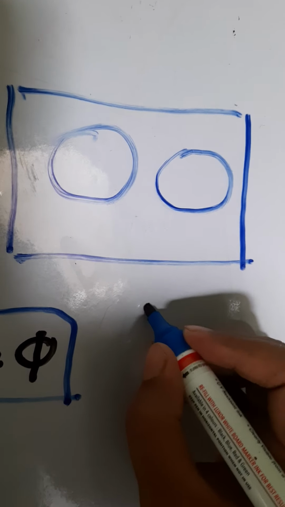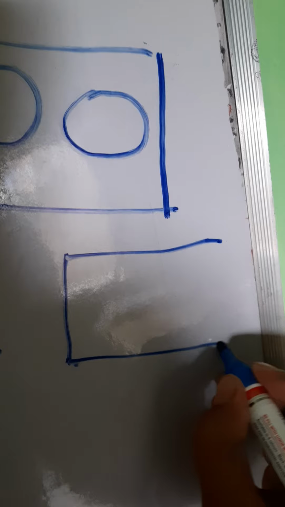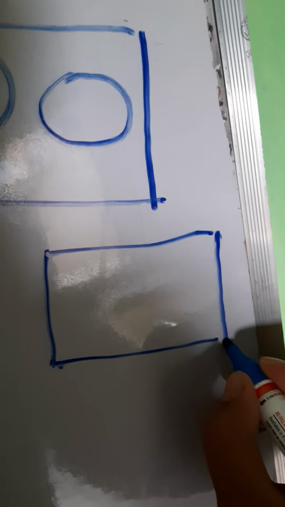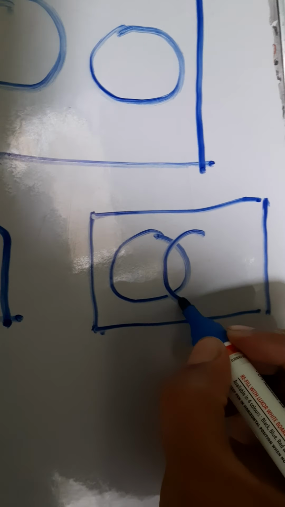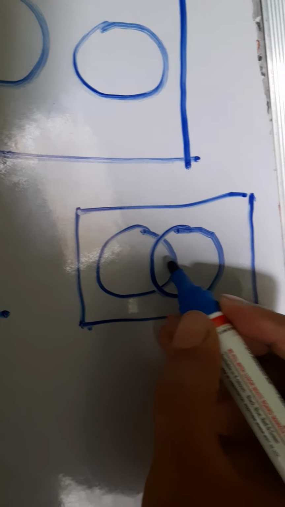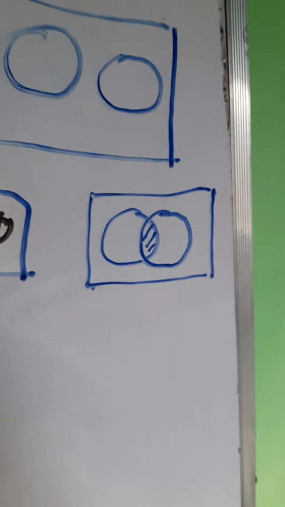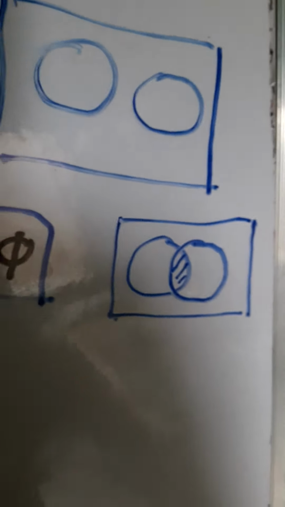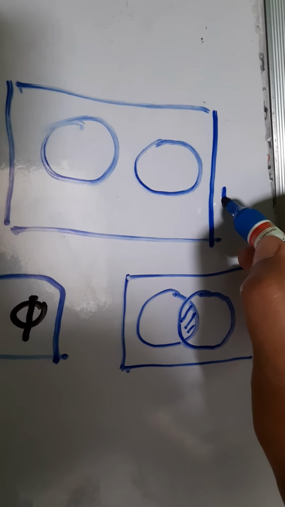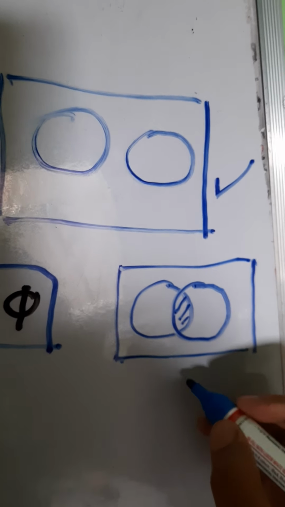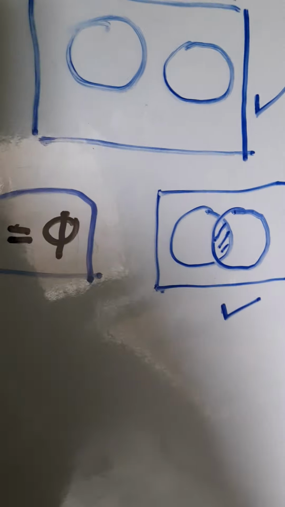And if A and B are like that, that is, they have some common items like these, they have some intersection, not null. This is, they are not mutually exclusive. I think it's clear now. So this is the diagram of mutually exclusive events, and this is the diagram of not mutually exclusive events.